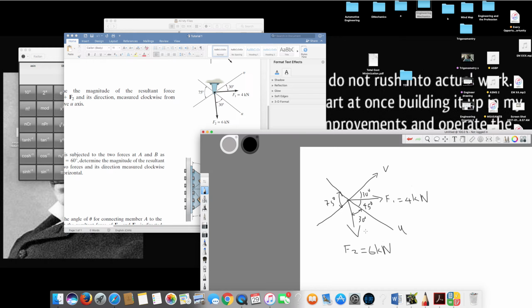We can draw the parallelogram right here. Maybe it looks like a square, it's okay. So 45 plus 30 is going to be 75 degrees. According to the parallelogram rule, the total angle should be 180 degrees between both sides. So this is 75 degrees, and we know for sure this should be 105 degrees.